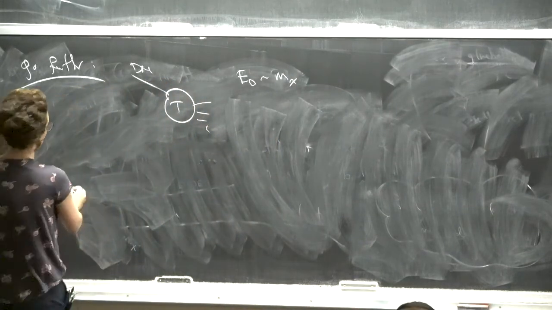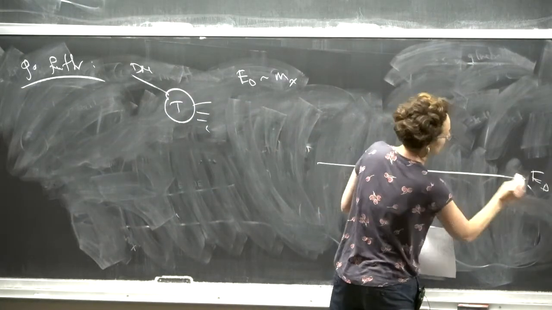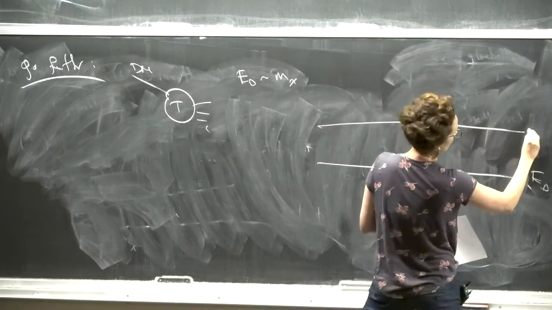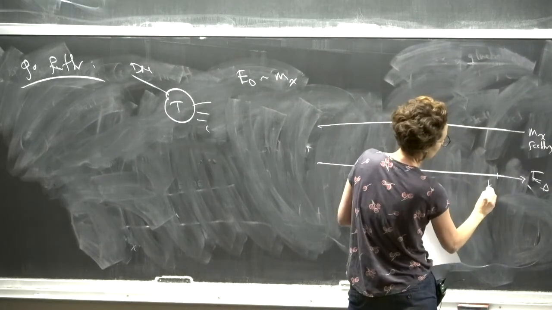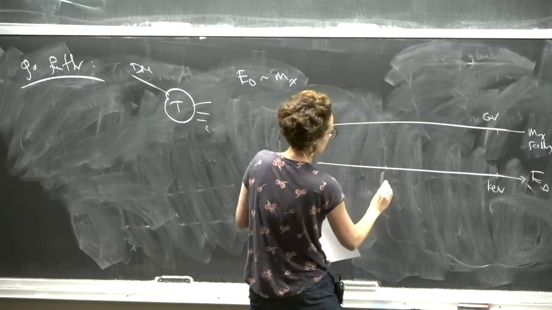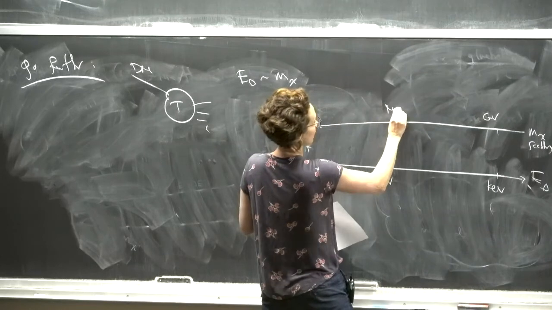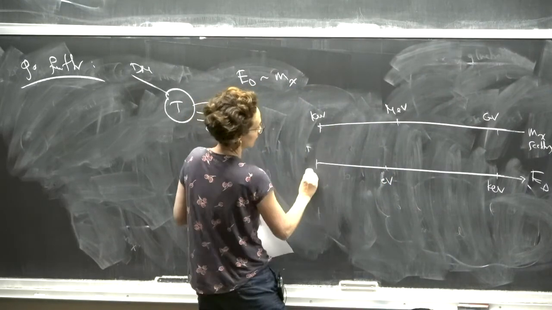And so that means that if we were thinking of these curves over here, what was my energy deposit versus my mass of dark matter through scattering, where we saw that for keV, we were at GeV. For eV energy deposits, we were at MeV masses. And over here, we were at keV masses with meV.